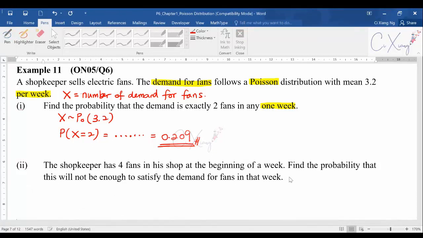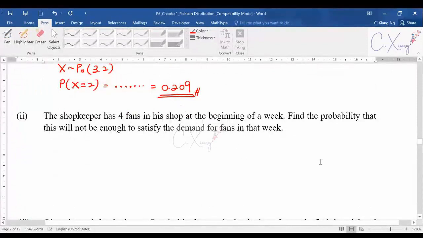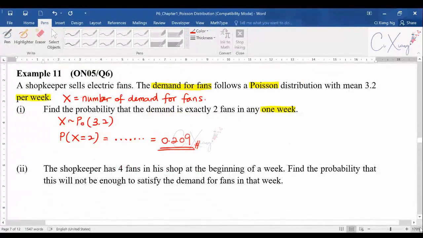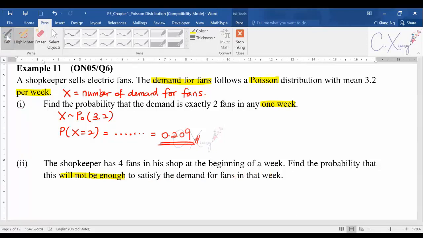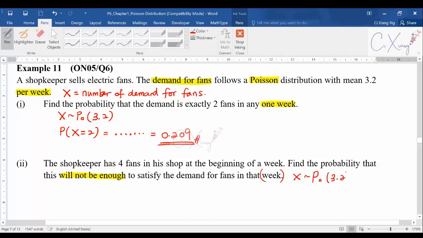Then let's have a look at part number 2. They say the shopkeeper has 4 fans in his shop at the beginning of a week. Find the probability that this will not be enough to satisfy the demand for fans in that week. Again, they are still talking about a week, so the mean is still the same, which is 3.2.